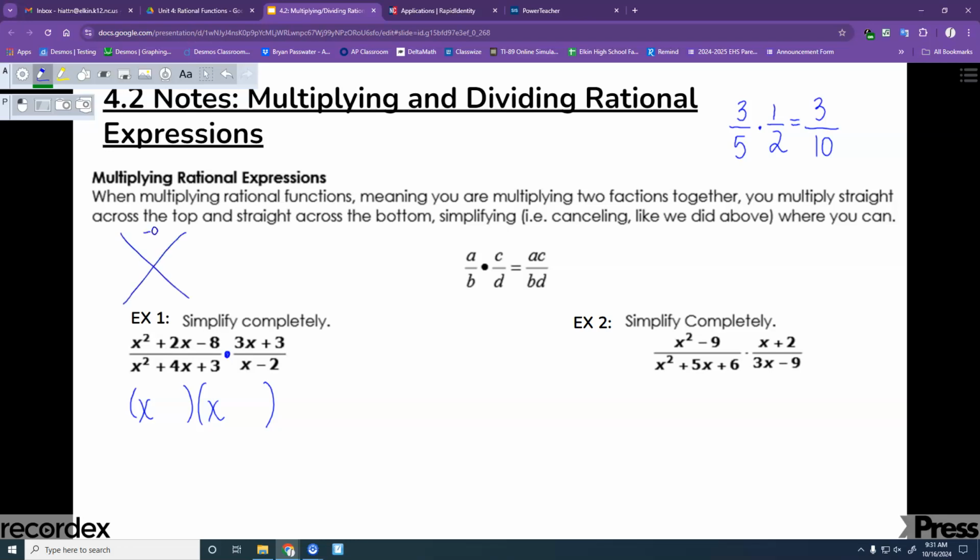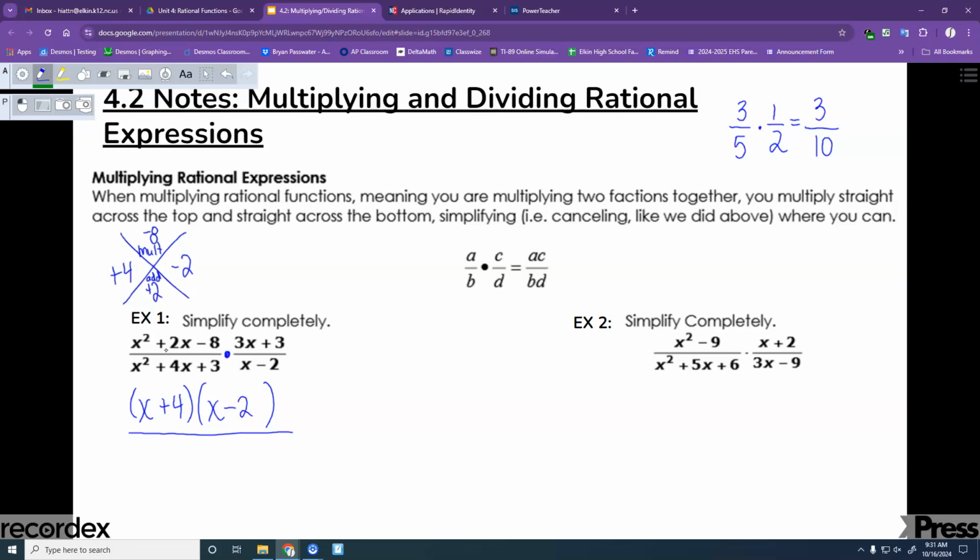I've got negative 8 that I'm trying to multiply to get. I got positive 2 that I want to add to get negative 2 and positive 4, right? So positive 4, negative 2.